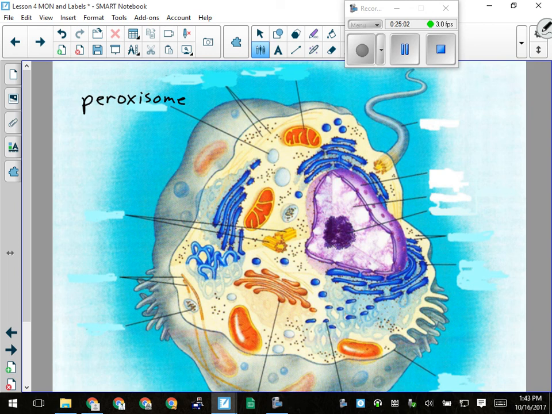All right, we're going to go clockwise from there. Beside that, you can see these kind of faded little thread-looking things here. Don't label them as faded thread-looking things. These are part of the cytoskeleton. They are what we call microfibers.